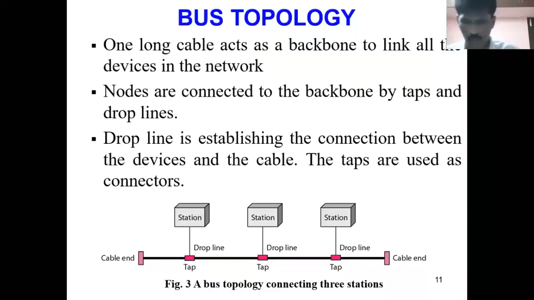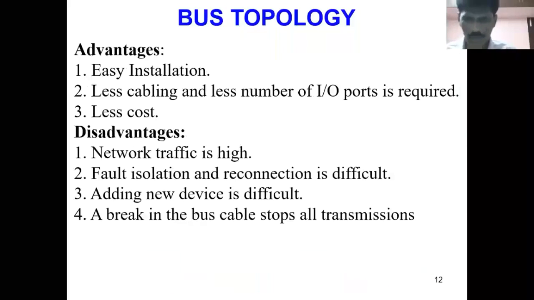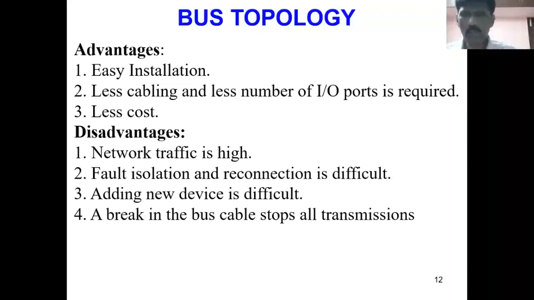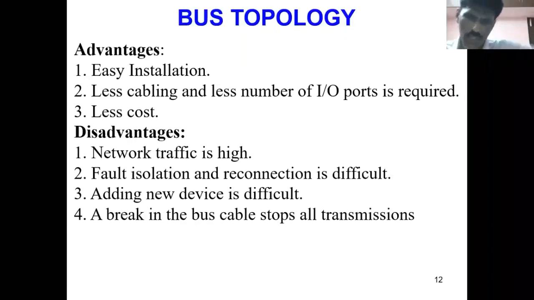Bus topology has some advantages. At the same time, the bus topology network has some disadvantages. As far as the advantages are concerned, bus topologies are often used in smaller networks. Why?